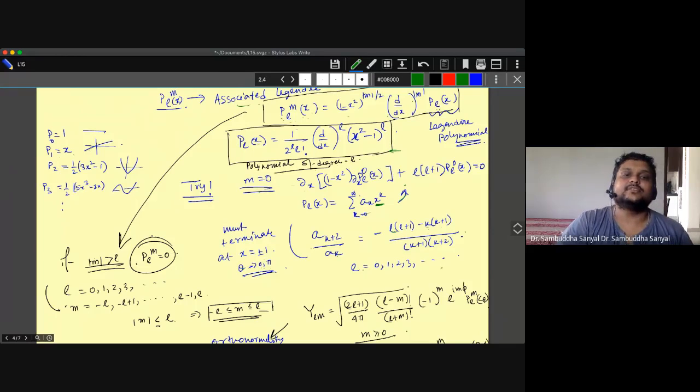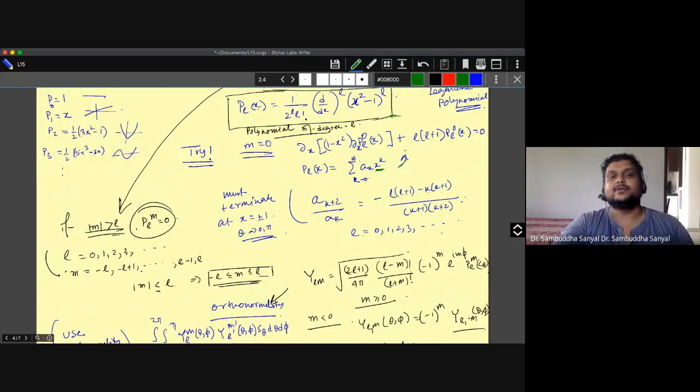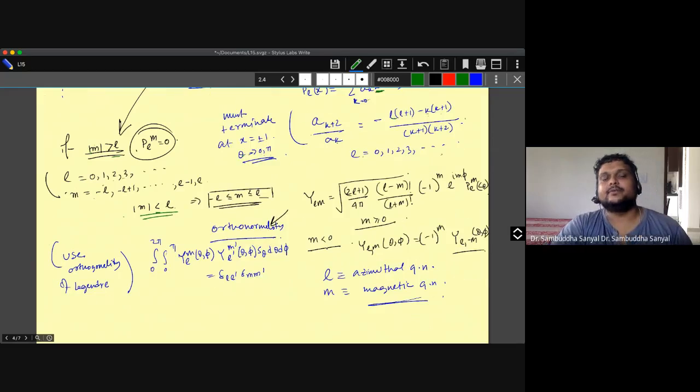That will of course vanish if |m| is greater than L. So there will be no solution if |m| is greater than L. That imposes the condition that |m| must be less than or equal to L. So L can be 0, 1, 2, 3 or any integer, but given L, m can only go from minus L to plus L. So they are not two completely free integers.